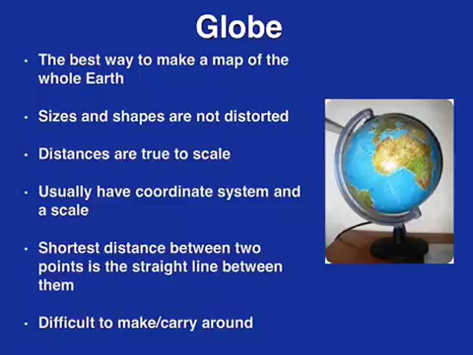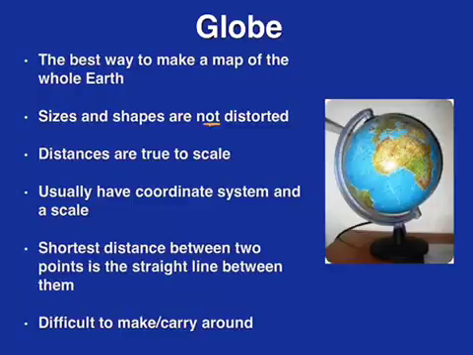So lastly, the best way to make a map of the whole Earth is a globe because it represents Earth as a sphere. So the shape and sizes are not distorted. The distances are true to scale, and they will usually have the coordinate system and a scale marked on them.